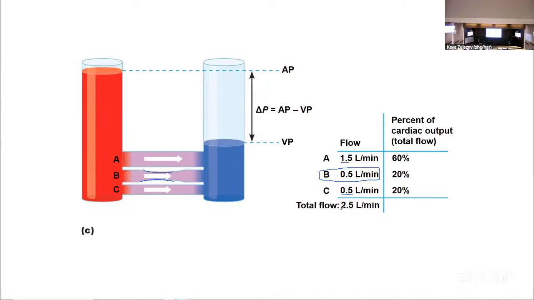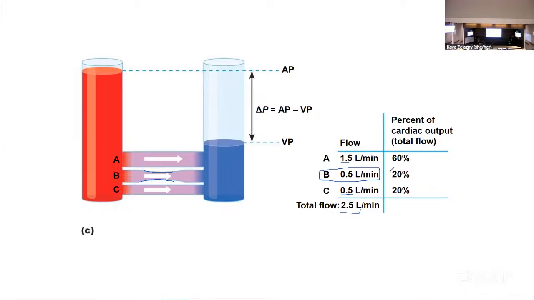We can also notice that in this case, right, we did change the total movement of liquid here. We changed our total flow, right, because we lowered it by 0.5 liters by increasing that resistance in B. So our total system has more resistance, so our total system has slightly lower flow. And we can see that this changes actually all of our percentages, right?